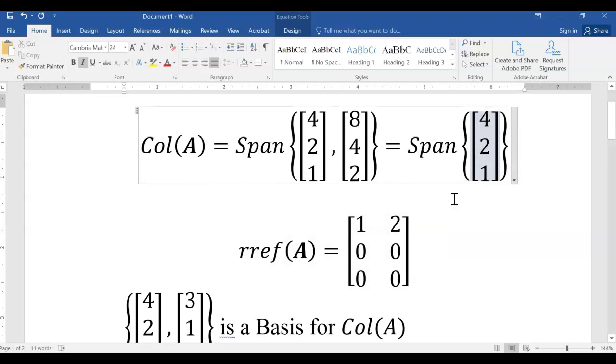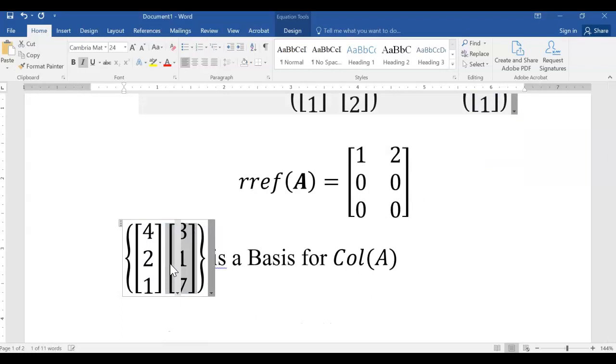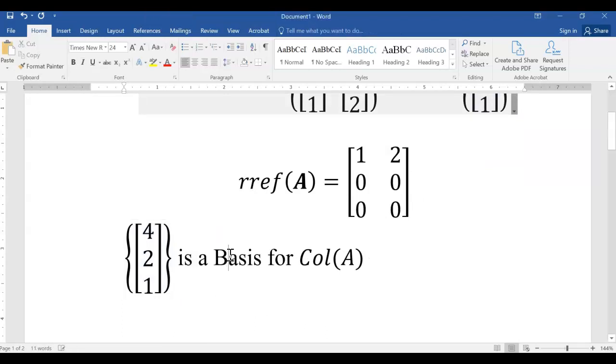This vector here is obviously linearly independent. This is a linearly independent set because it only has one vector in it. And so what we can say is that the set containing the single vector 4, 2, 1 is a basis for the column space of A. All right?